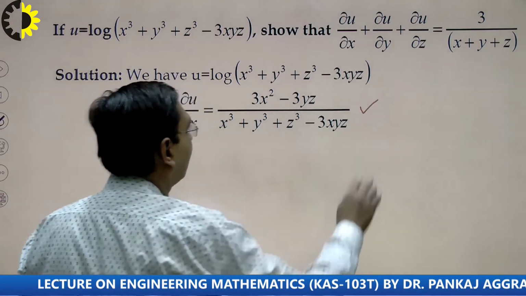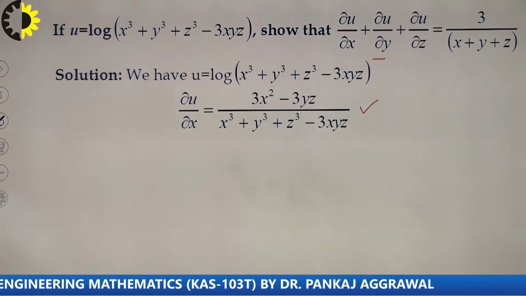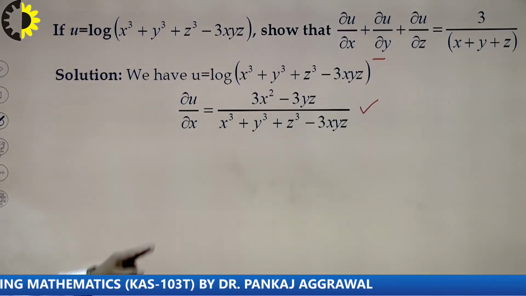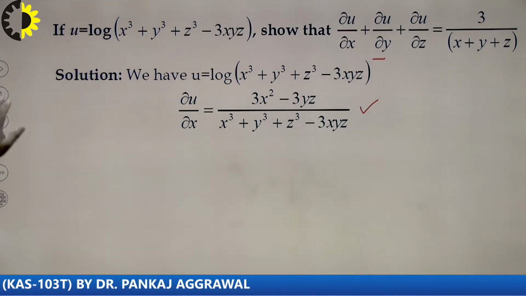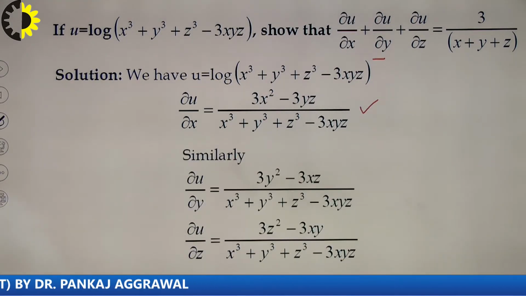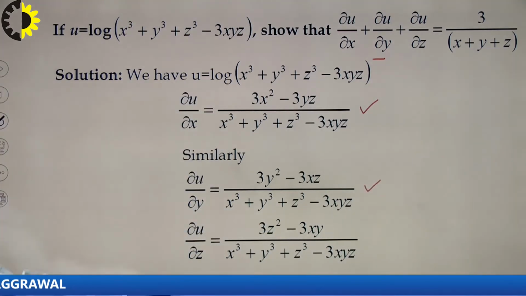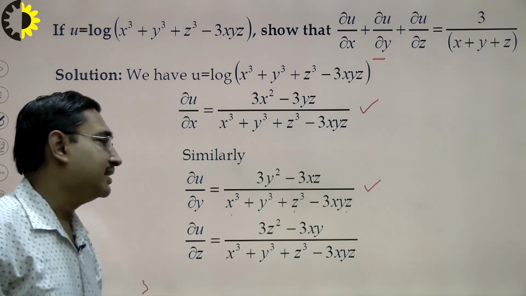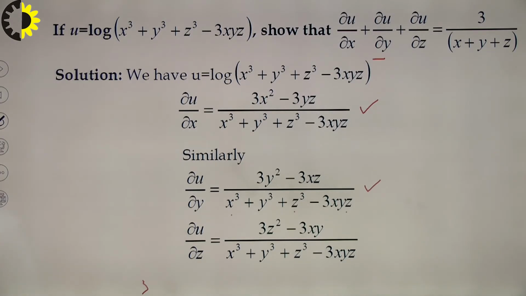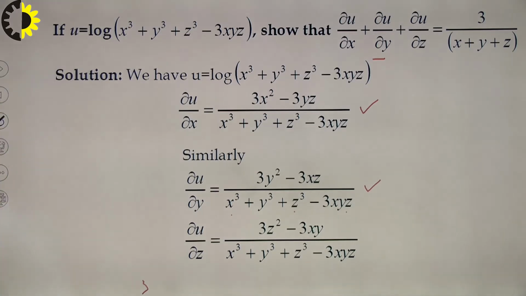Now, I am going to calculate del u upon del y. If I calculate del u upon del y, this u will be differentiated partially with respect to y, and in this manner del u upon del y will be 3y square minus 3xz upon x cube plus y cube plus z cube minus 3xyz, because when we differentiate with respect to y, x and z will be treated as constant.